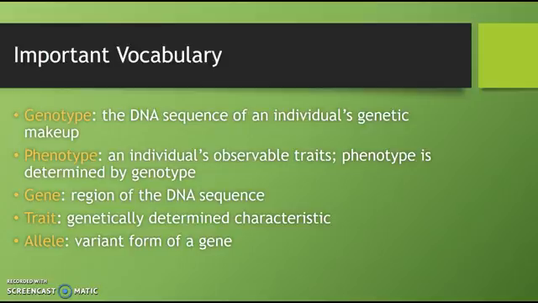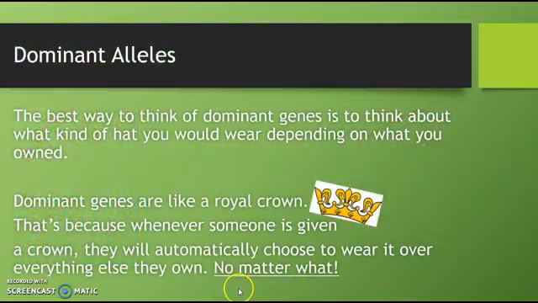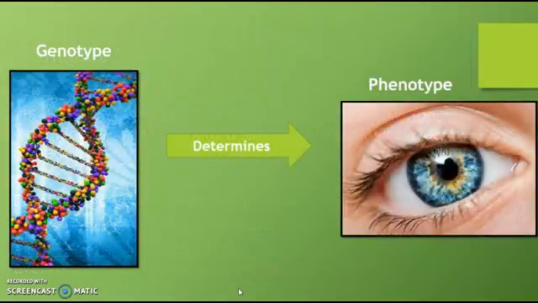Genes and alleles kind of go together. So we have genotype right over here on this side, which is basically your DNA, and we have phenotype, which is, like I said, the observable structures. So genotype determines phenotype no matter what.